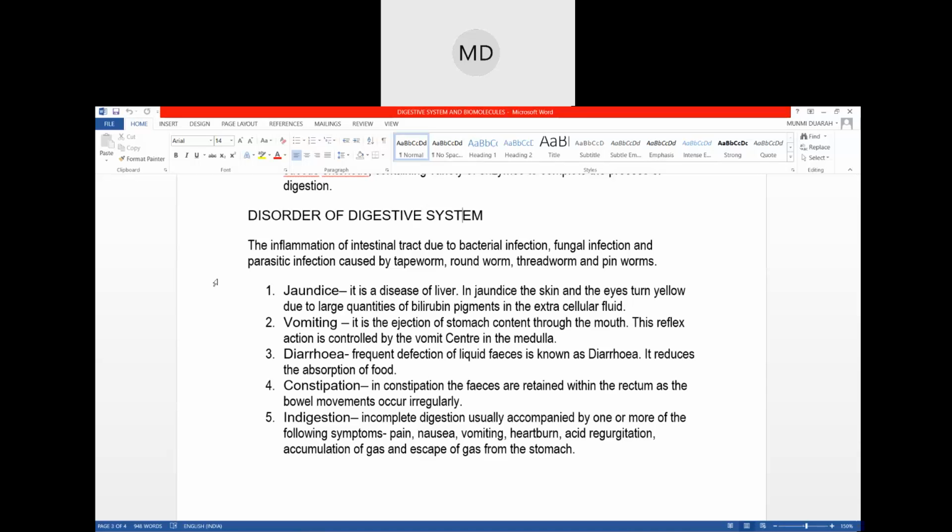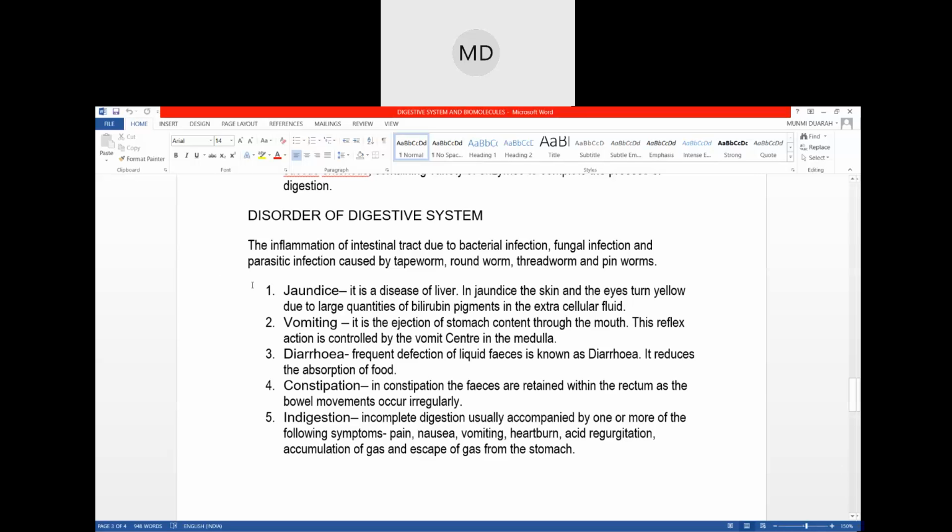That is the reason why the skin, nails and the white portion of the eyes become yellowish in color, because that pigment is yellow.